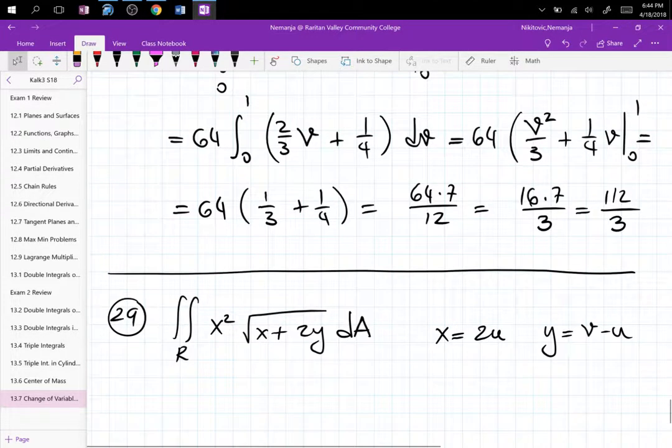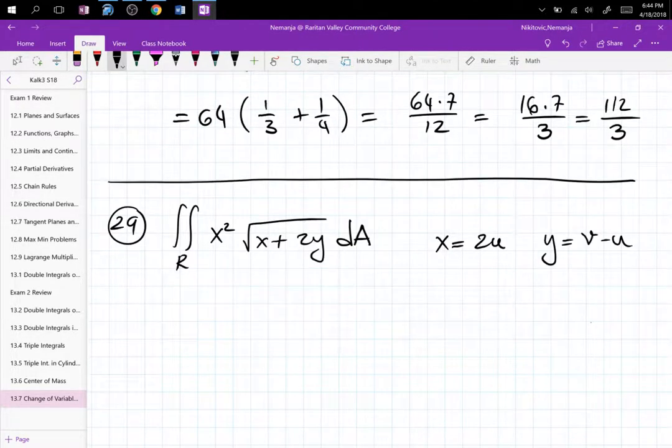Region S, same problem, we just need to do integration now in Jacobian and all that stuff. So problem 29, I already had the transformation done before, right?